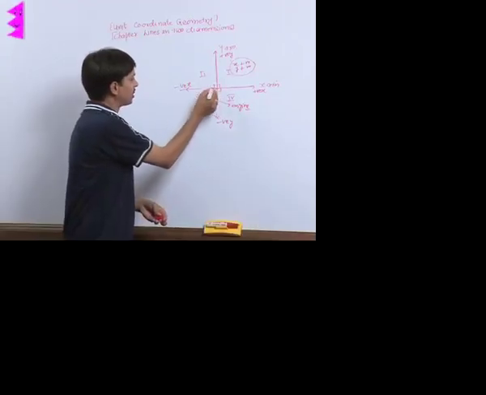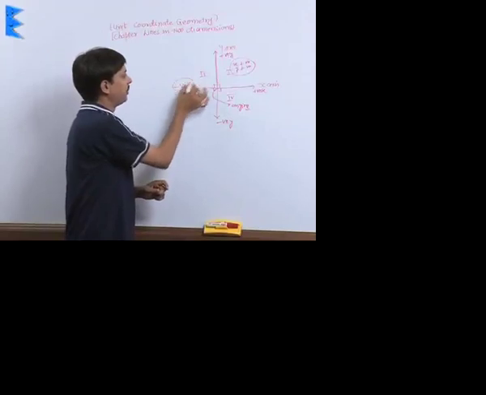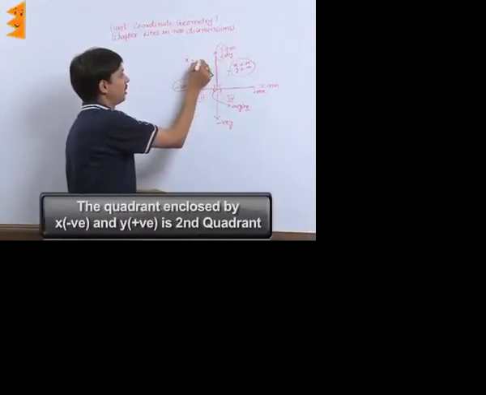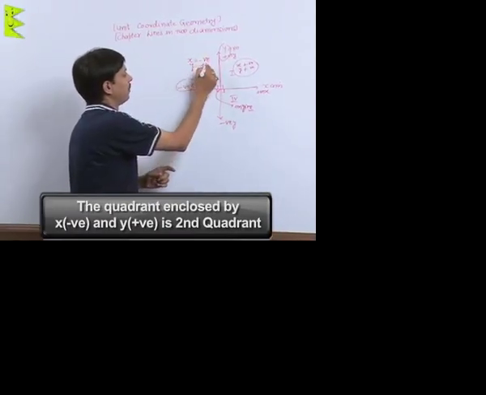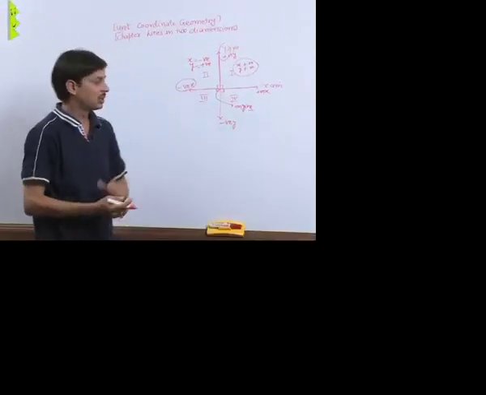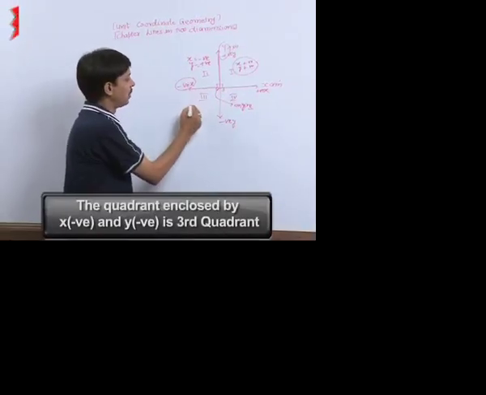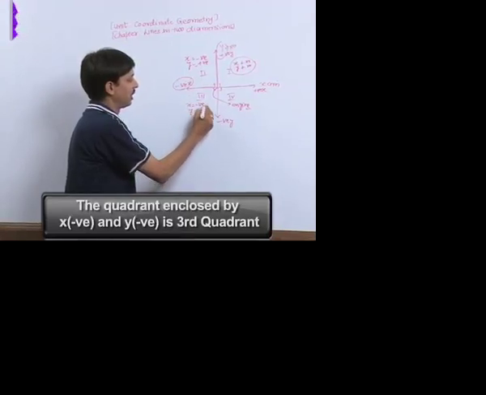If you come to the second quadrant, we find x is negative and y is positive. So the second quadrant considers x negative and y positive. If we come to the third quadrant, the third quadrant is the composition of x negative as well as y negative.